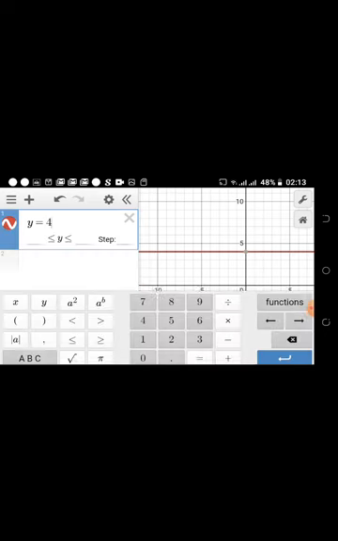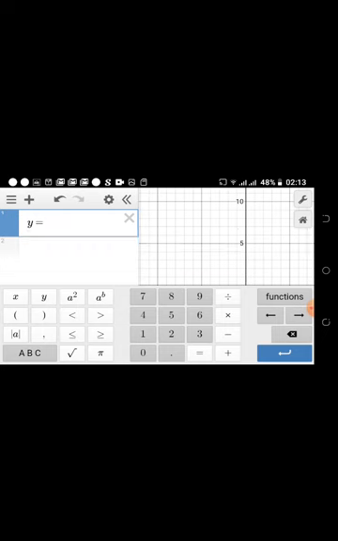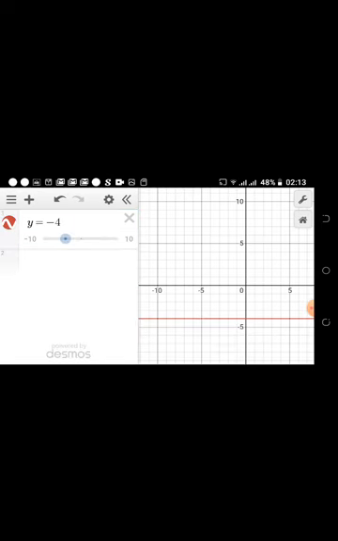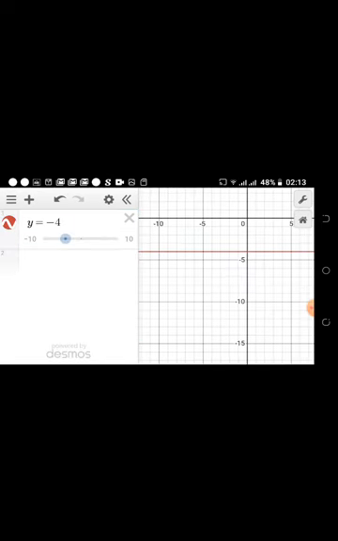If I change it to minus 4, you will see it now. See, it has dropped to minus 4, which shows that any line that has y equal to an ordinary number, the graph will always be parallel to the x-axis.